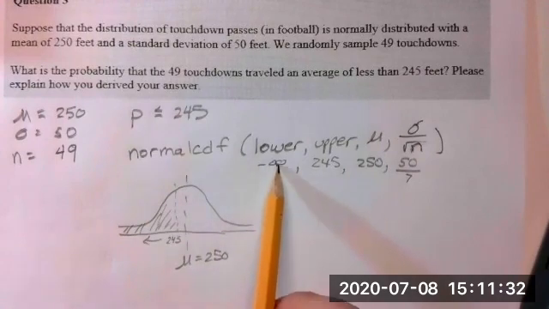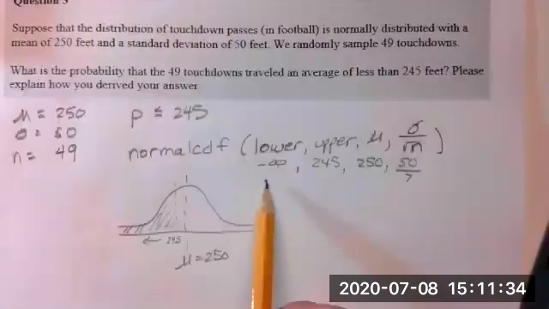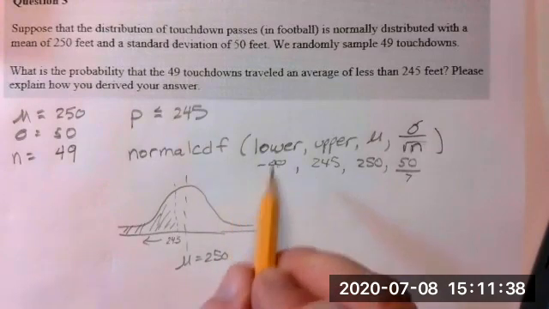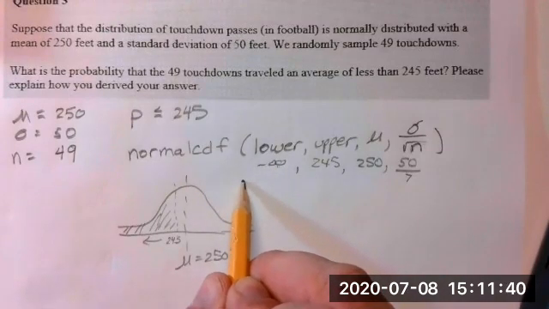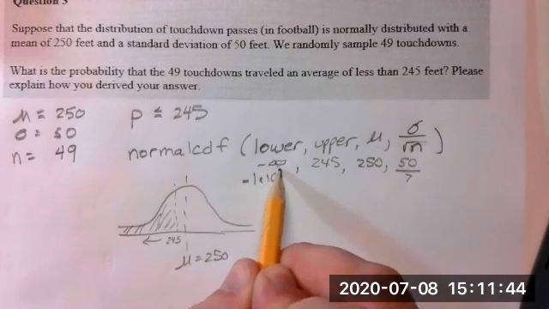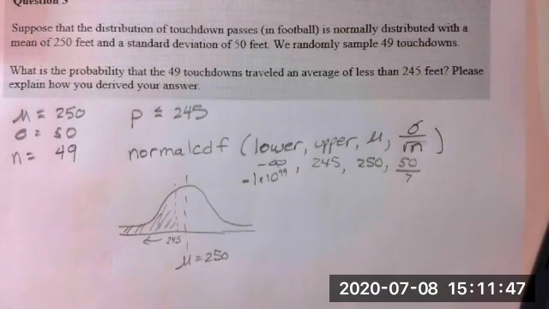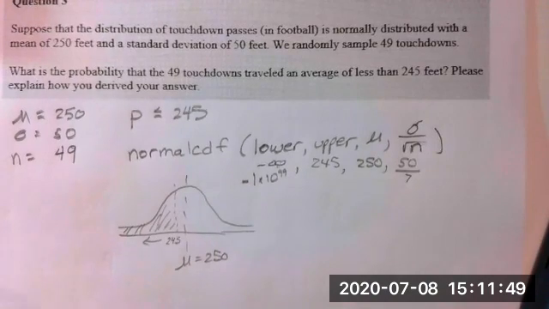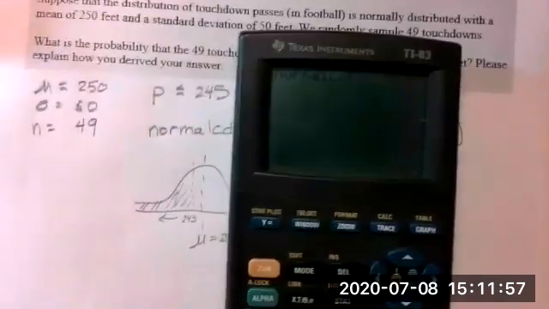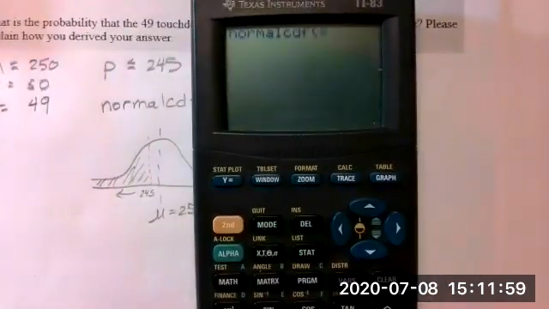Now, to put in negative infinity, there's not a negative infinity button on the calculator. So we're just going to put in a really, really small number. I'm going to put in -1 times 10 to the 99th. That's -1 with 99 zeros after it. That's a really, really small number, and the calculator will interpret that as negative infinity.